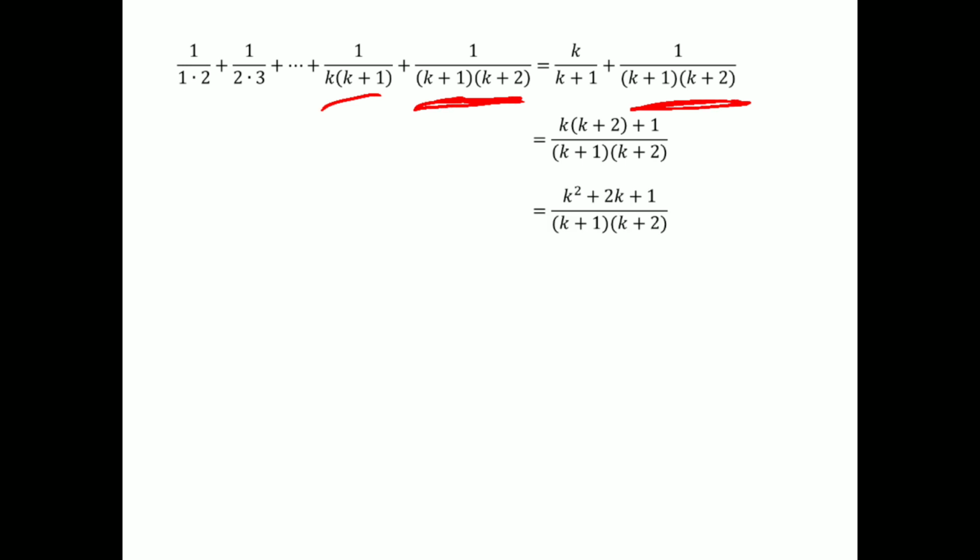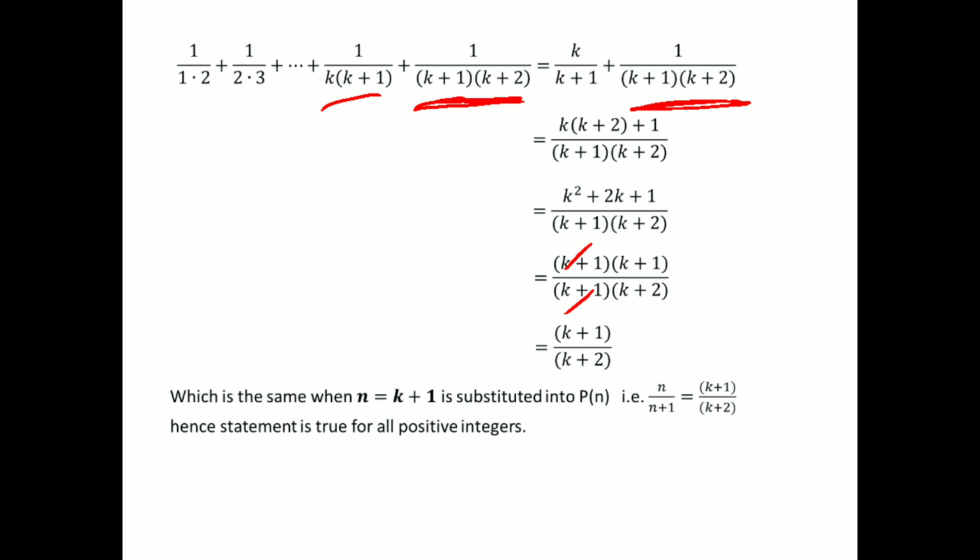If we expand the numerator, k times k is k squared, k times 2 is 2k, then plus 1, which when you factorize gives k plus 1 times k plus 1. Certain things can cancel out: k plus 1 here cancels k plus 1. So I'm left with k plus 1 over k plus 2, which is the same as when we substitute n equal to k plus 1 into Pn. So you can see this is my Pn.